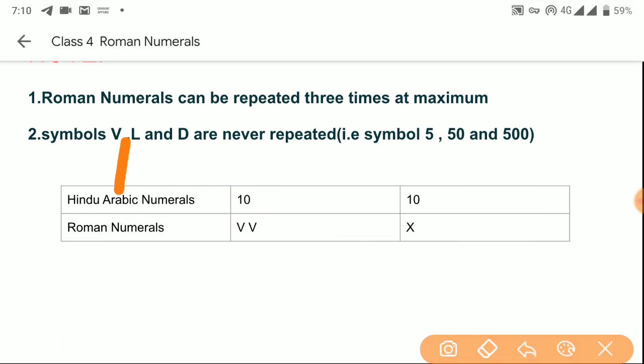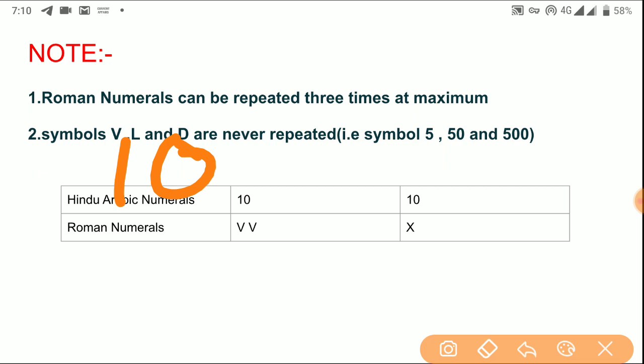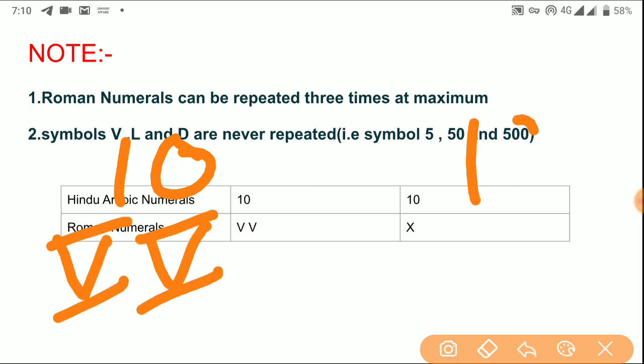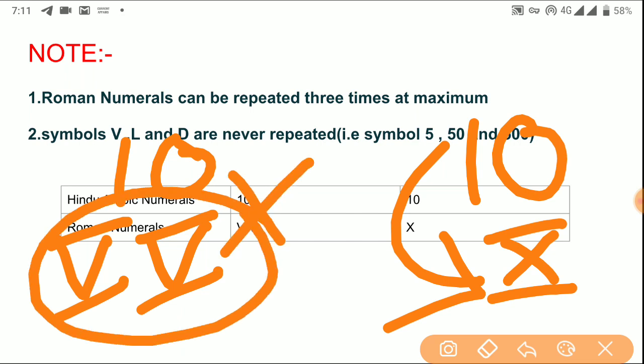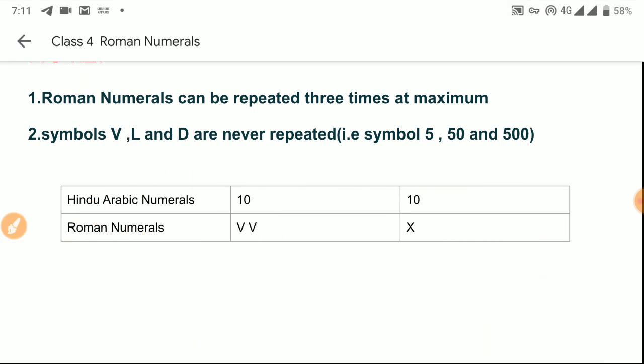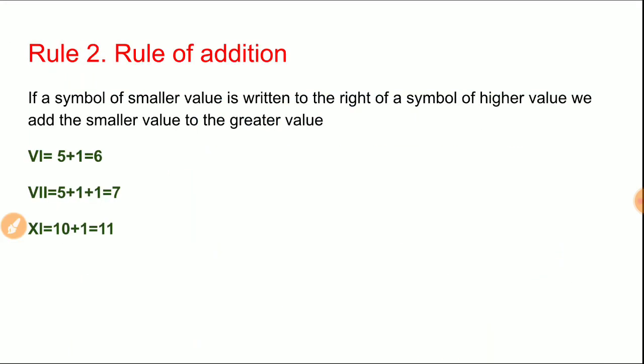Suppose you want to write 10, you cannot write 10 like V and V. For writing 10, there is a certain Roman symbol which is X. So we cannot repeat V. I hope the rule of repetition is clear to everybody.